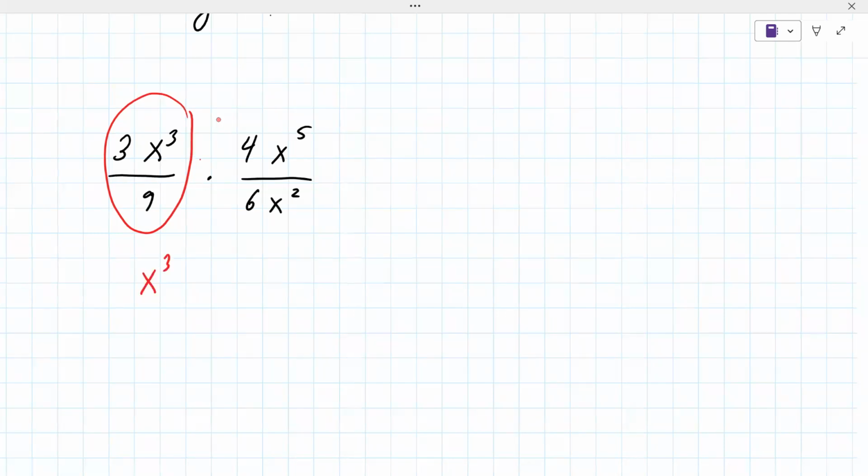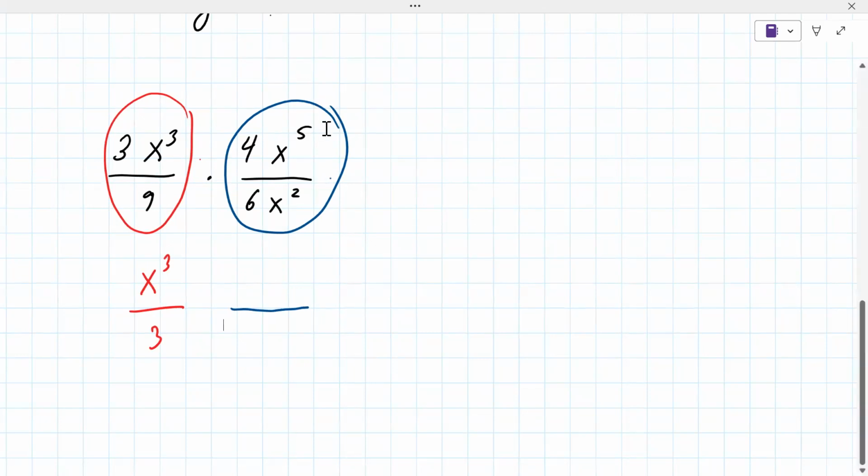Now the one on the right, it's a little bit different. What do the numbers become? 2 and 3. Okay. And then you got division, bases are the same. So you would go x to the third, but where would you put it?